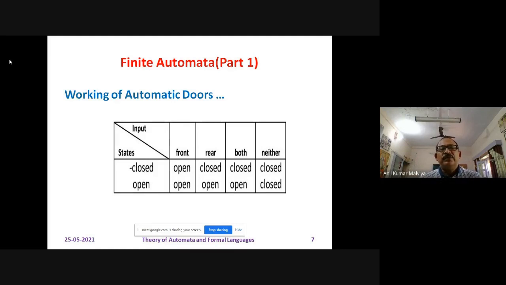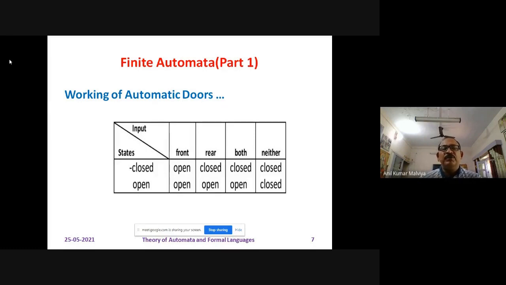Suppose the machine is in a closed state and input is front, the cross section of closed and front gives the movement of the machine. It means if the machine is in a closed state and input is front, the machine will move to the open state. If input is rear, machine remains in the same state.